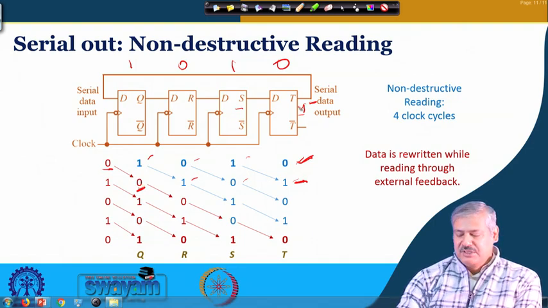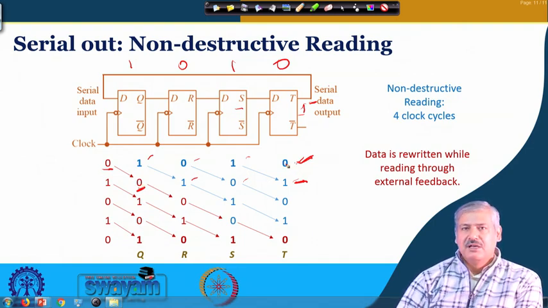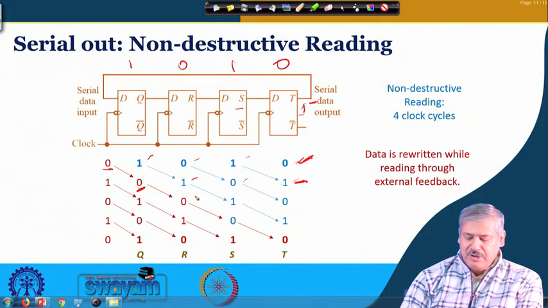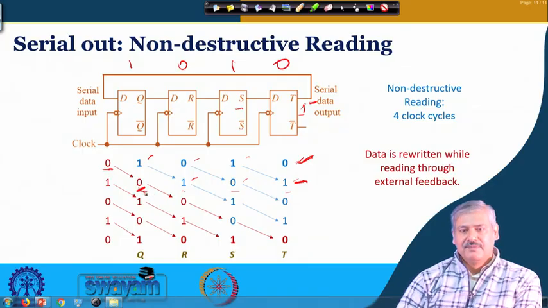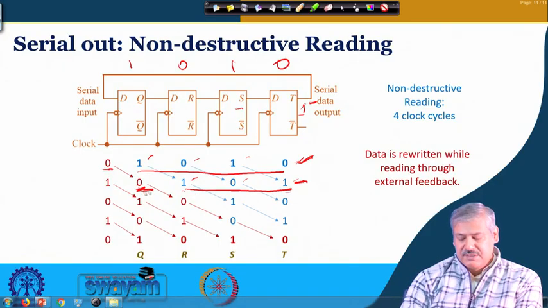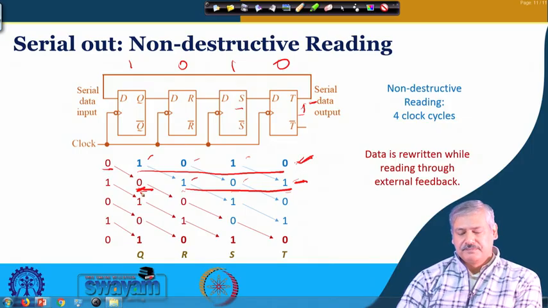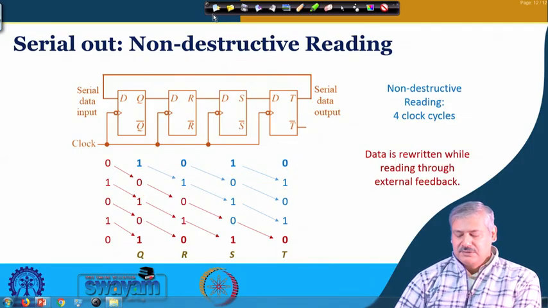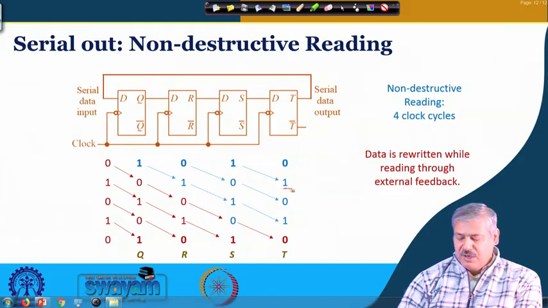Okay. So, the information of T, 0, is not lost, it is coming back. Now, you have got 1 0 1 and 0 here. Earlier this was 1 0 1 0, now this is 1 0 1 0 and this. Is it okay? Another clock, and at that time this 1 comes over here. Next clock.